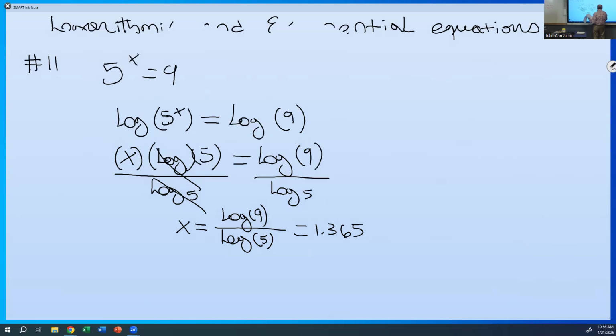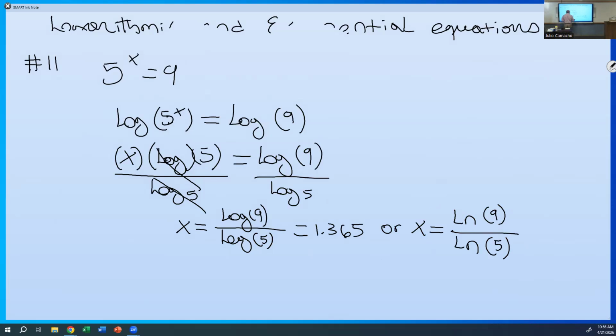So it's this answer, or you can say that x is equal to the natural log of 9 divided by the natural log of 5. Both answers are right. So that's number 11 in your assignment today, logarithmic and exponential equations.